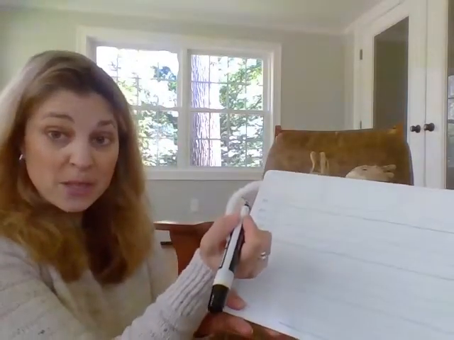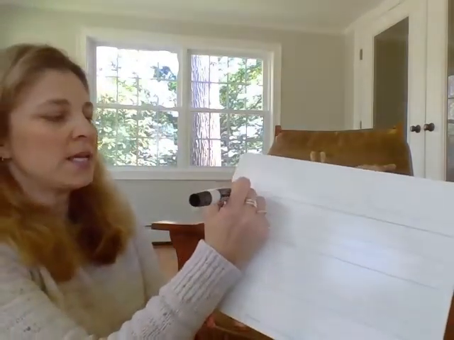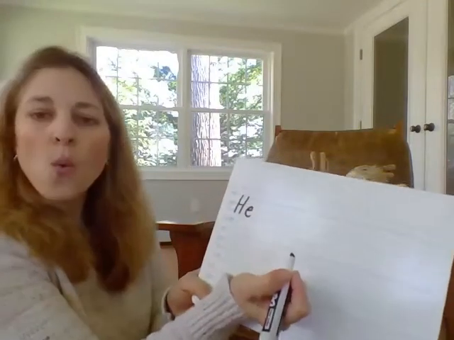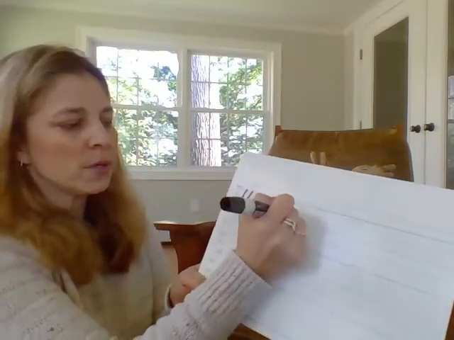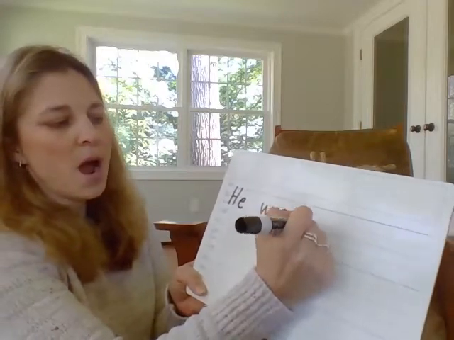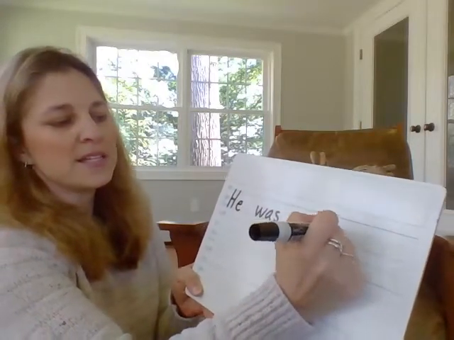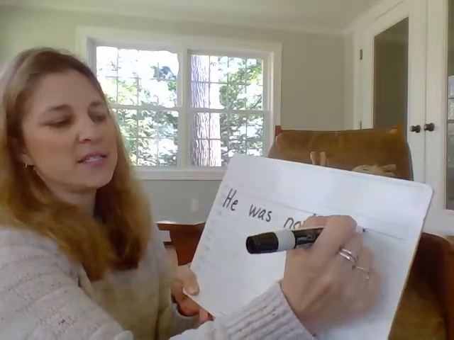Next sentence. I'm going to erase my board. He was not sad. He was not sad. I'm going to make the H uppercase because it's at the beginning of the sentence. He. Was. Not sad.